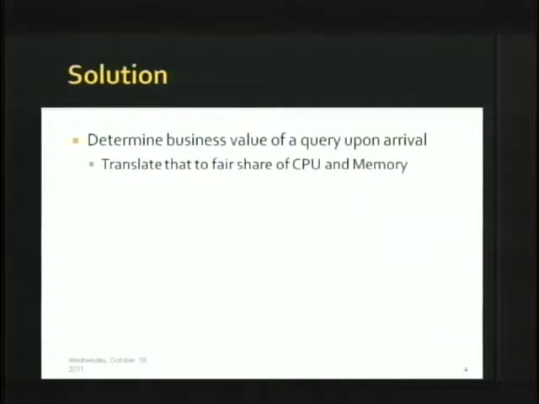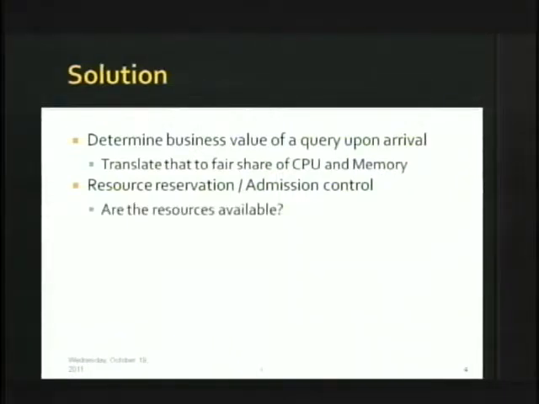But once you do that, we translate that to what is the fair share for this query, what is the fair share that it should get of CPU and memory and other resources. And once this is determined, we try to reserve these resources in a certain sense. And if these resources are available, then the query can proceed towards execution.